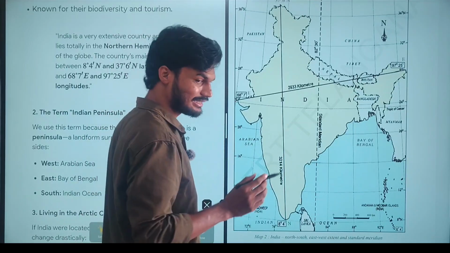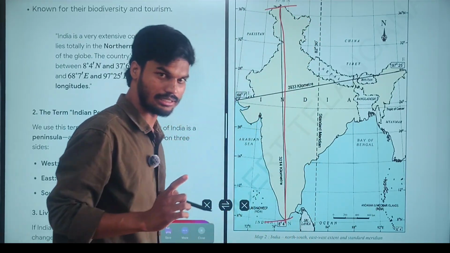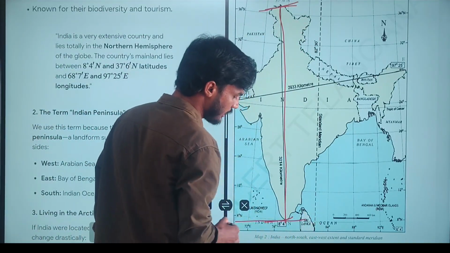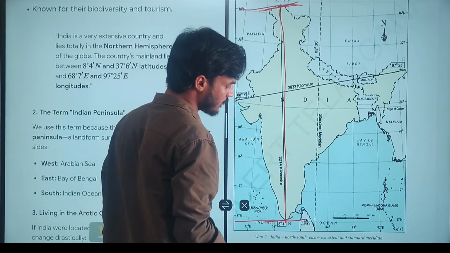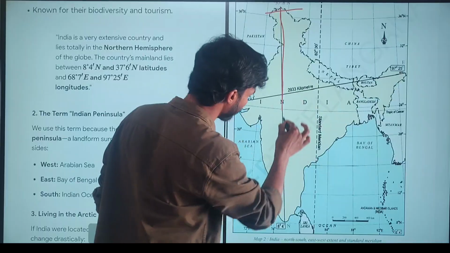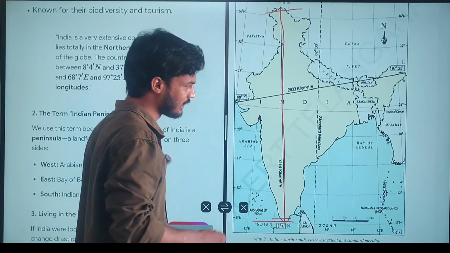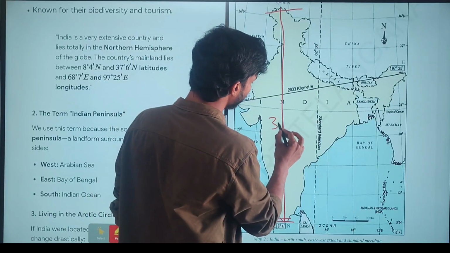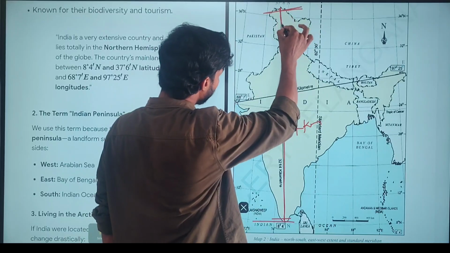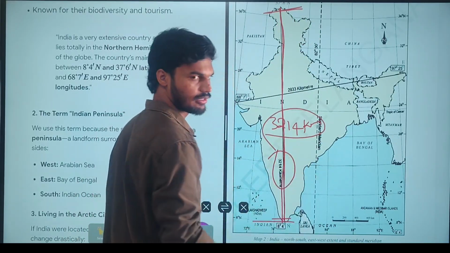And one more thing, the distance of India from the northern region to the southern region, that is from Jammu and Kashmir to Kanyakumari, the total distance is 3214 kilometers.